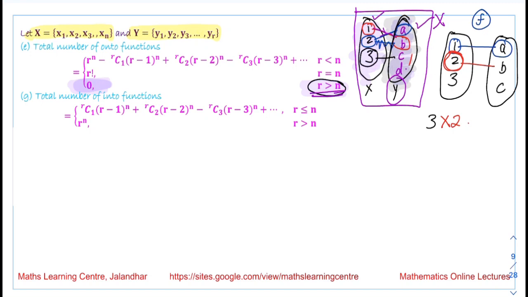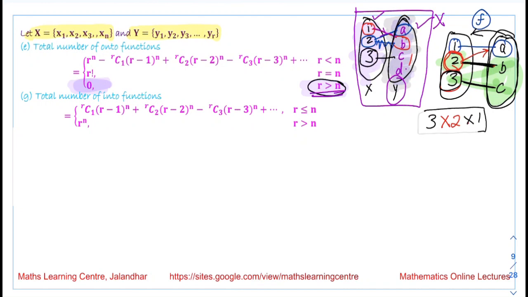Again, the reason is that the function is to be onto. If 2 is mapped to A, then we are left with one element over here, and it cannot be mapped to 2 elements because it will not be a function. It means that 2 must be mapped to one of B and C, so the number of options for 2 is 2. Now for 3, if 2 is mapped to B, then 3 should be mapped to C, so that every element over here has a unique pre-image.